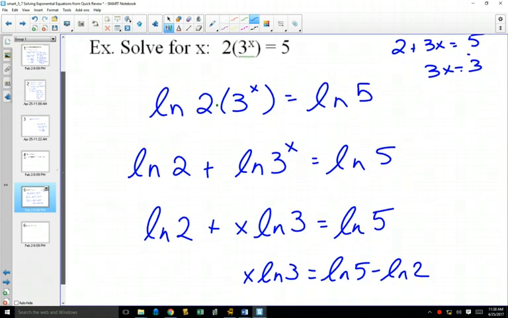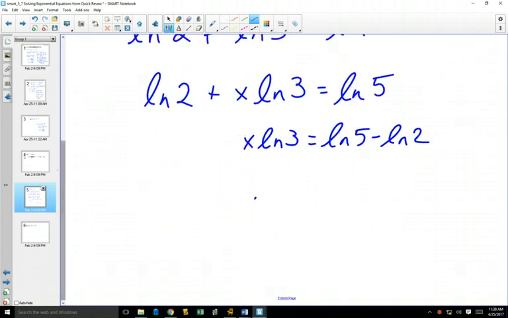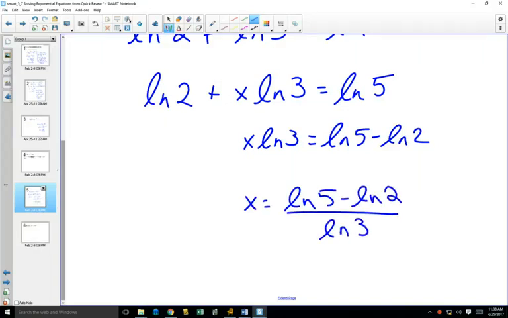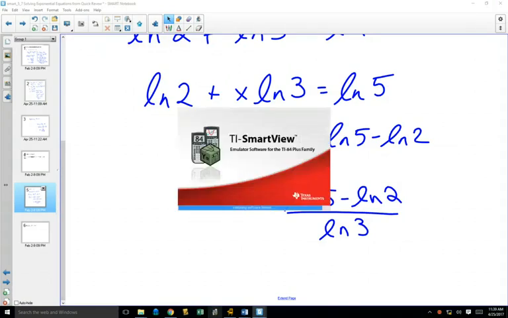And then to get x by itself, we just need to divide by the natural log of 3. So we've got x by itself. We can take out our calculator and find out what this is as a decimal.